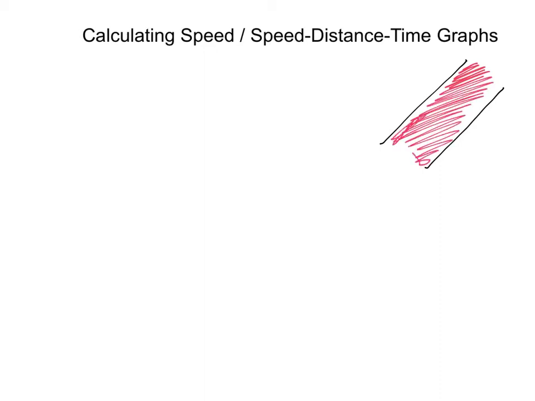So let's think of this kind of scenario we've got here. Let's imagine here's a track. So imagine this is an athletics ground, not the best sketch, but we've got the track here, we've got a bit of grass on the side.